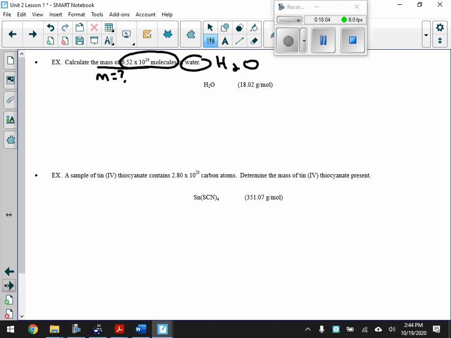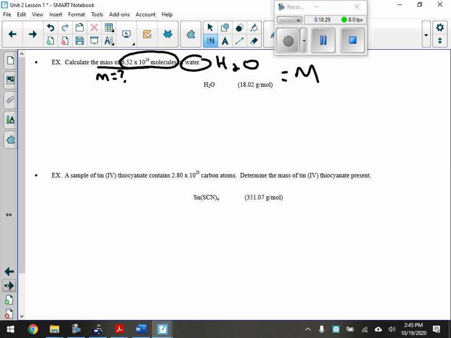Water looks like that, H2O. And we have a molar mass there, 18.02. Again, 2 hydrogens and an oxygen, 16 and 2.02. So, again, I want to find the mass.